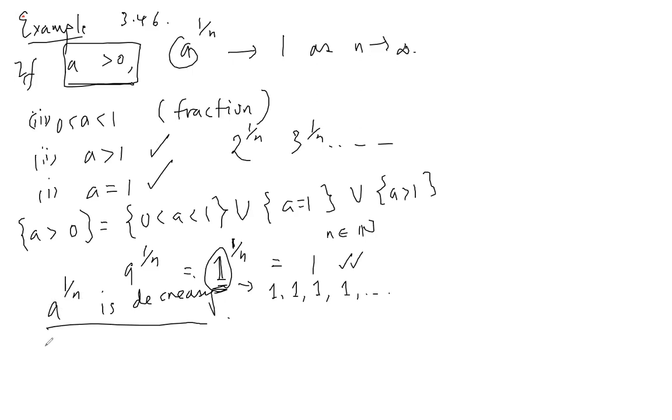Because if you look at the log, its log form is this, right? So this is decreasing, isn't it? It decreases as n increases. Since this log form and the A are actually monotone, the log function is monotone. So if your log function is decreasing, therefore it implies that this A is also decreasing.